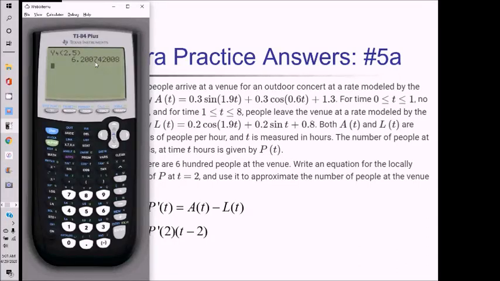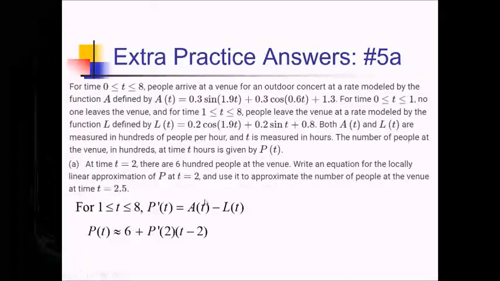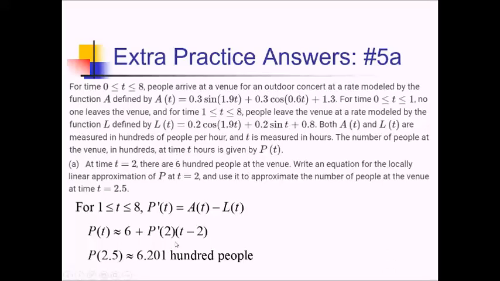We'll just round it off to 3 decimals. And that's going to be, let's see here, they wanted to know the number of people. This is going to be in units of hundreds of people. So I guess this is really, if you're doing a real-life approximation, this would be 620 people. That tenth of a person doesn't really count. But they didn't say to round it off to a specific number, so we're allowed to give it in this format.